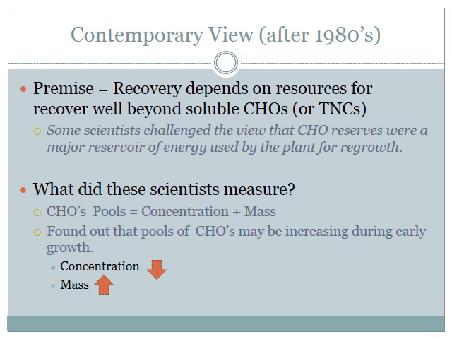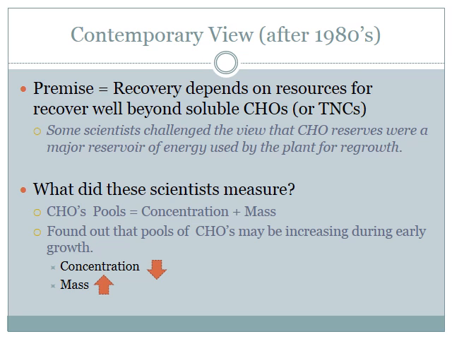The new contemporary theory, the one we follow now, is based on the premise that recovery from a disturbance, such as grazing or fire, depends on the soluble carbohydrates coming in through new photosynthesis, not the ones that are stored in the plants. The reason scientists started questioning the old theory is that they started measuring the total carbohydrate pools in the plant, not just the concentration, which was the basis for the historic theory, but the concentration plus the mass.